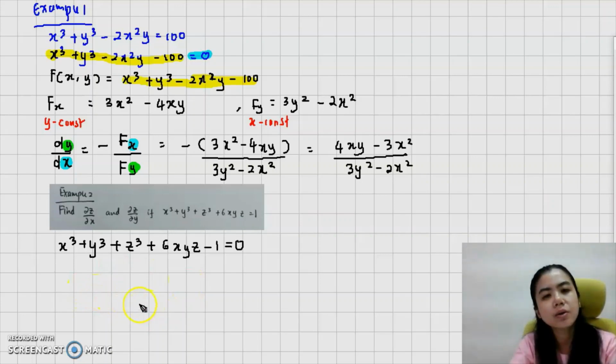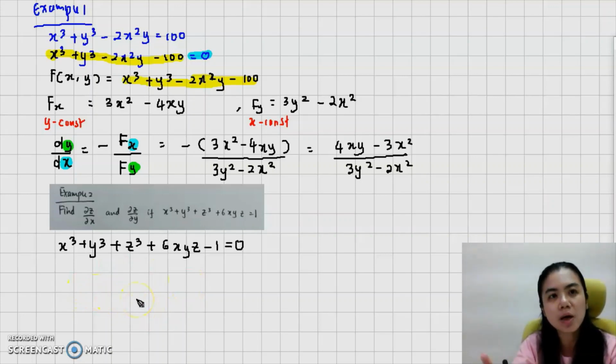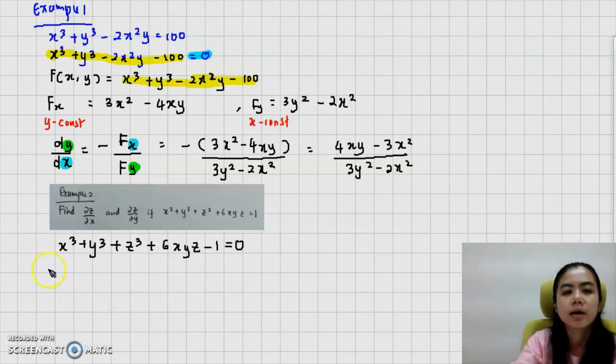Once you have that equal to 0, now you can obtain your capital function f, with x, y, and z because you have 3 variables here. Just remember we're only interested in those equations that you have rearranged.